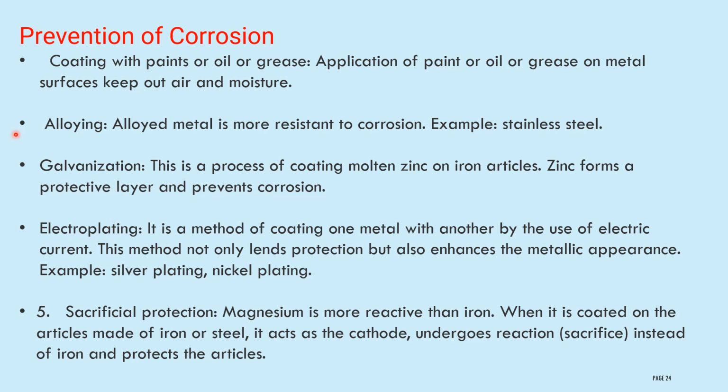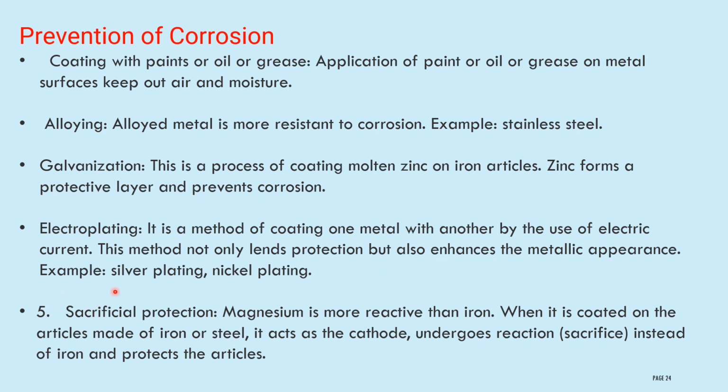Next one, electroplating. It is a method of coating one metal with another by the use of electric current. Electroplating is nothing but, when you already have iron, making a coating with another metal using the process of electric current. This method not only leads to protection but also enhances the metallic appearance.